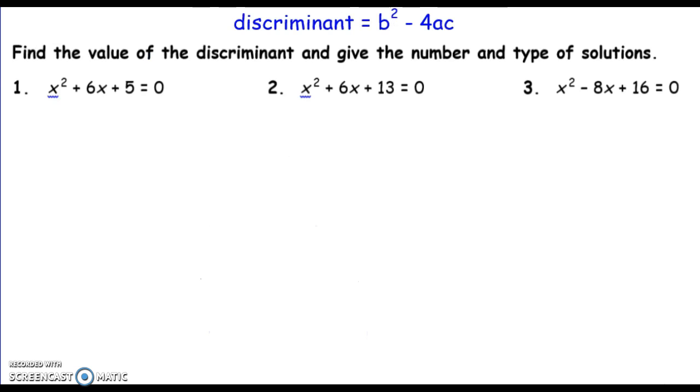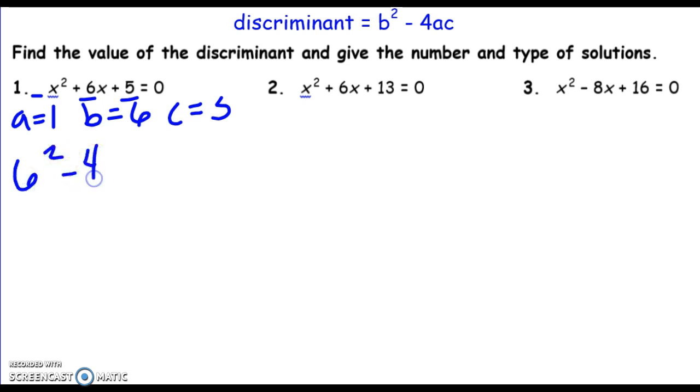So in order to find the discriminant, we need to use b squared minus 4ac. Now remember that a is the number first, so a in this case is going to equal 1, b in this case is going to equal 6, and c in this case is going to equal 5. So I just need to do b squared minus 4ac. So that would be 6 squared minus 4 times a, which is 1, times c, which is 5.